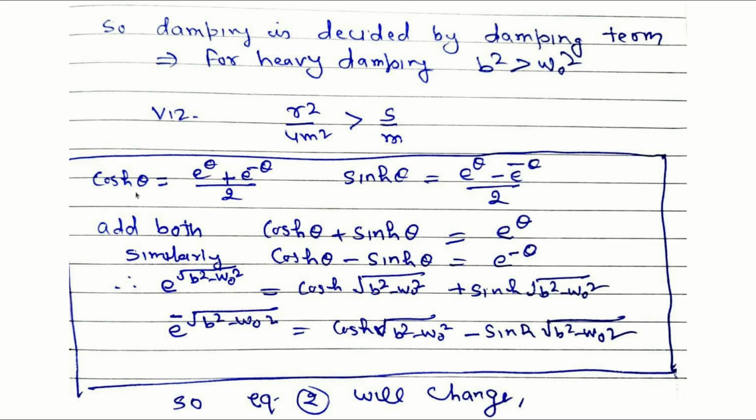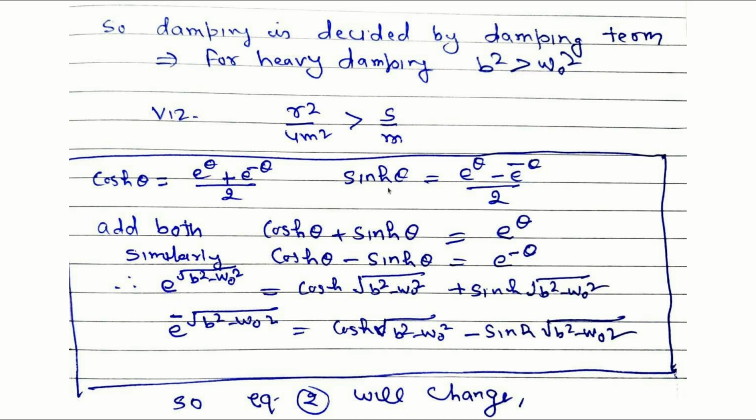We know that cos hyperbolic theta is e raised to theta plus e raised to minus theta divided by 2, and sin hyperbolic theta is equal to e raised to theta minus e raised to minus theta by 2. So we have these two results of hyperbolic cos and sin. So we will add these both. What will you get?